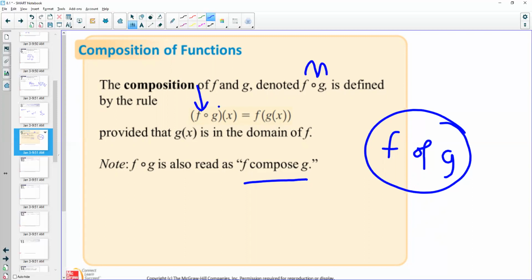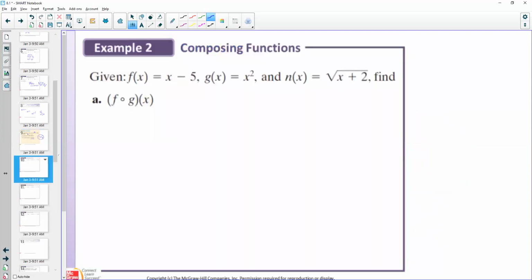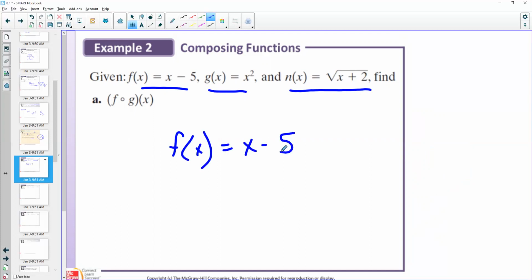What this means is the following. Given this, I have f of x is x minus 5, g of x is x squared, and n of x is x plus radical x plus 2. F of g of x means I'm going to start with the function f of x. And wherever I see the value x, I'm going to put g of x inside that place.